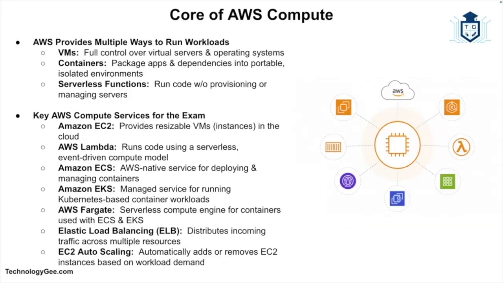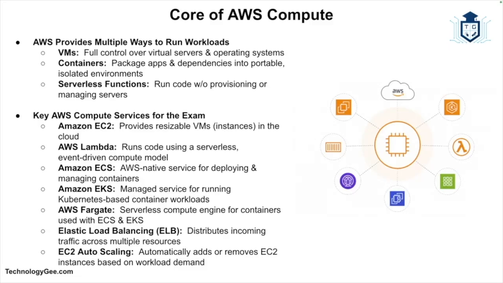All right, so let's talk about the core of AWS compute. So at a high level, compute services answer one simple question: where is my code running? In traditional IT environments, that answer was usually a physical server sitting in a data center. In AWS, you have options, a lot of them. You can run virtual machines, containers, or serverless functions, all depending upon your needs.